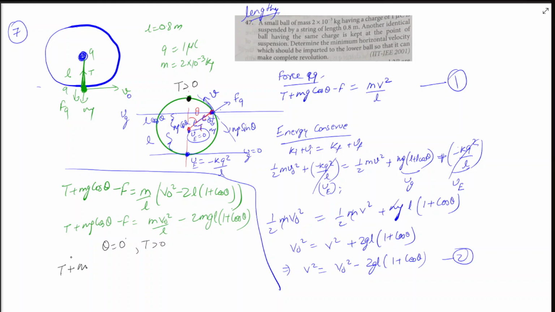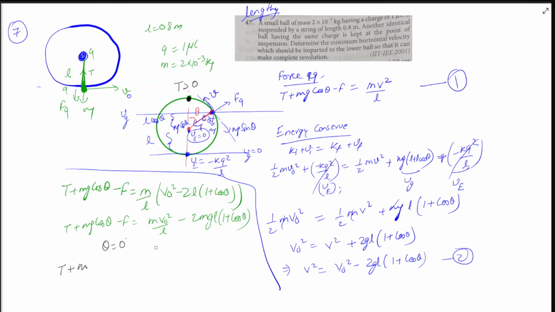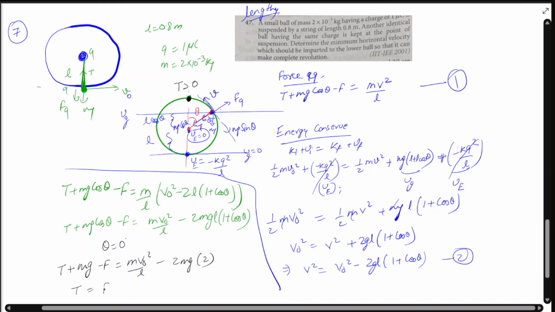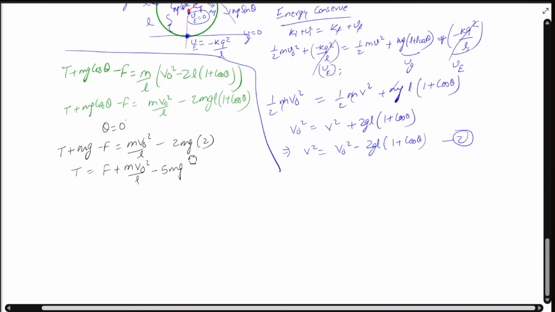T plus mg minus F equals m v naught square by L minus 4mg. So mg I can take on this side, and F is here: T equals F plus m v naught square by L, minus 5mg, right?